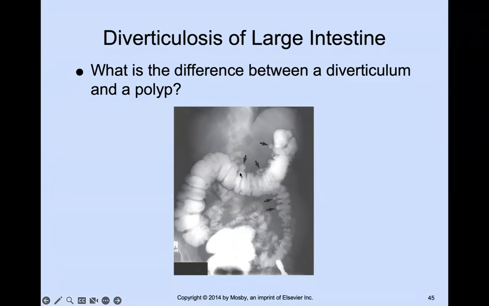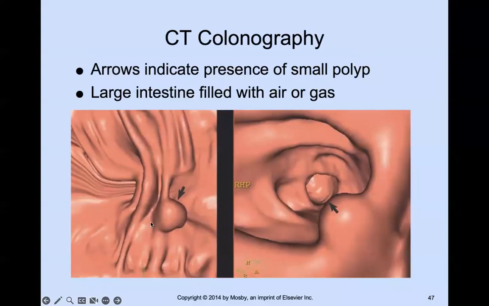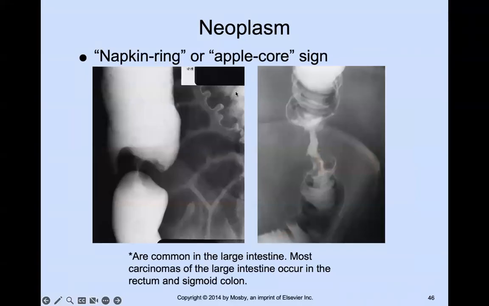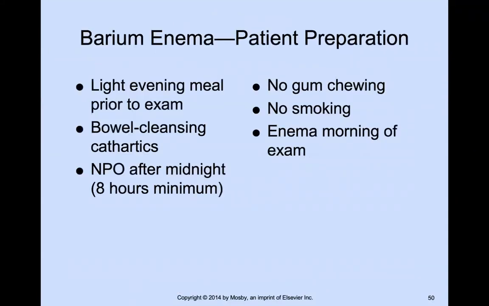Again, diverticula go outward and polyps go inward. You see right there, that is a polyp, it's going inward. Again, this is a neoplasm, that apple core or napkin ring sign. Volvulus.